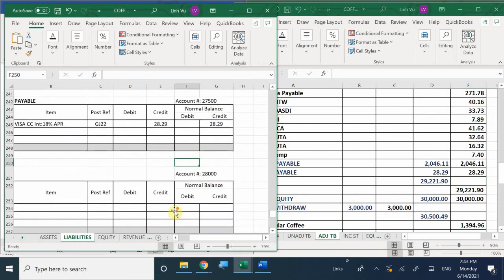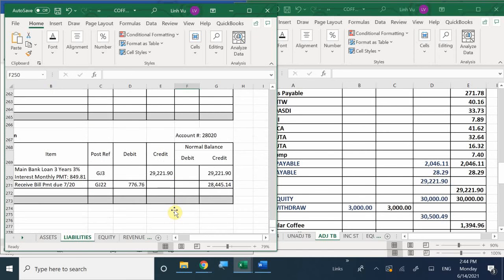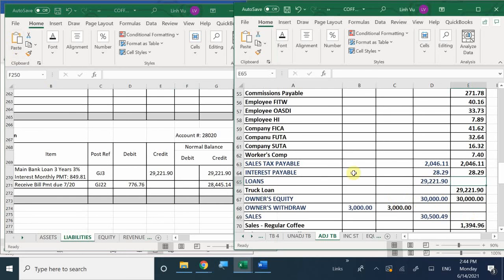And let's see, did we make any changes to our loans? Yeah, the truck loan. Good, yes, we did make some changes to our truck loan. It is now 28,445.14.